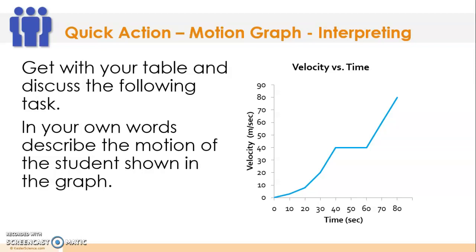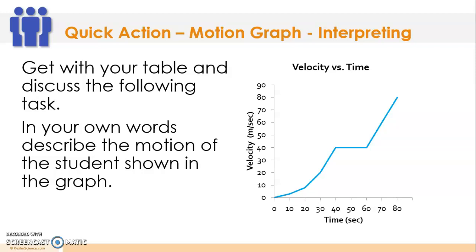But let's take a little bit of a look at this graph for just a moment. In this particular case, we've got an object that must have started out moving slowly and then got increasingly faster. At 40 seconds, the object starts moving at a constant velocity of about 40 meters per second.